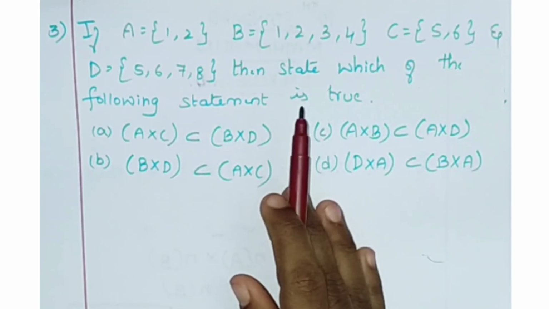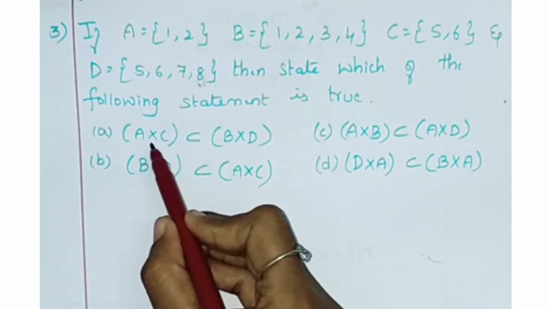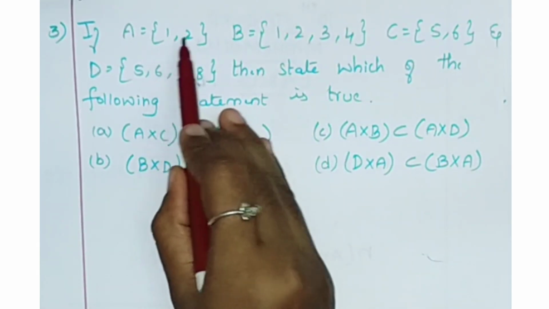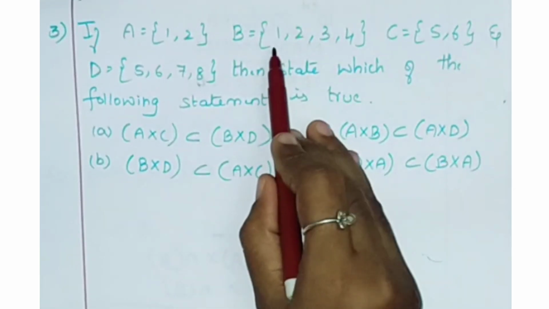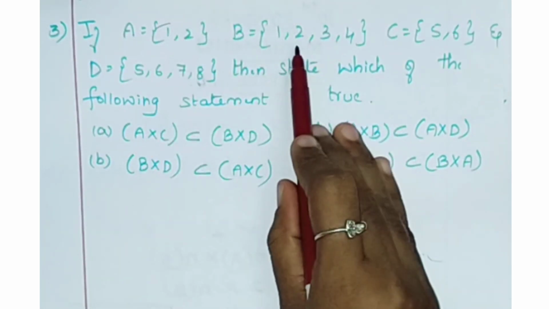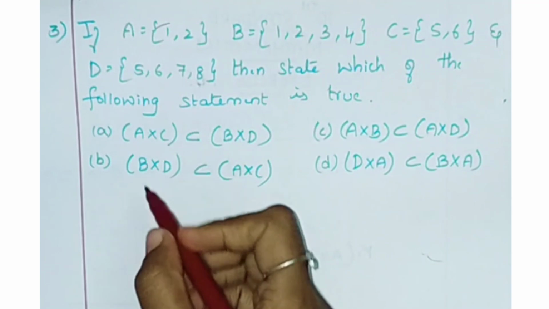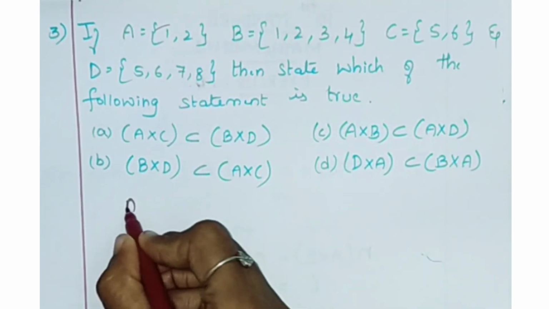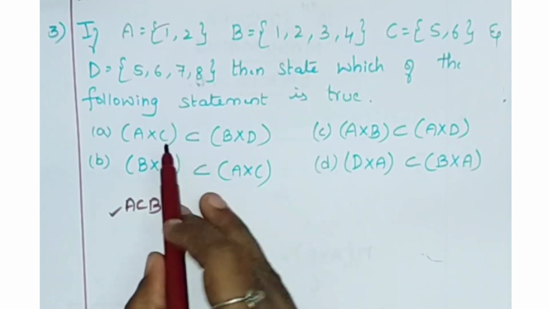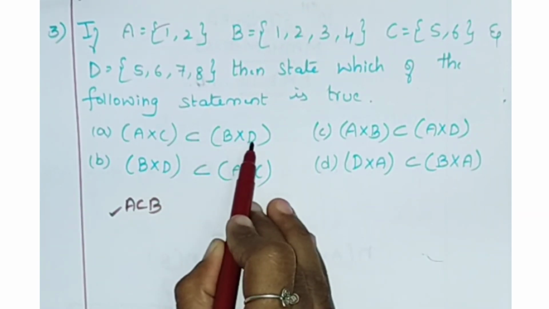First, check whether A is a subset of B. What is A? 1 and 2. B is 1, 2, 3, 4. So 1 and 2 are present in B. So A will be a subset of B. It's correct. Now you check whether C is a subset of D or not.